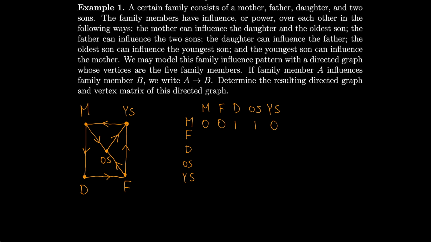And then the father can influence the oldest son and youngest son only. The daughter cannot influence the mother, but can influence the father, and can't influence the daughter, the oldest son, or the youngest son. The oldest son can only influence the youngest son, and the youngest son can only influence the mother. And then there we go. That's our vertex matrix.